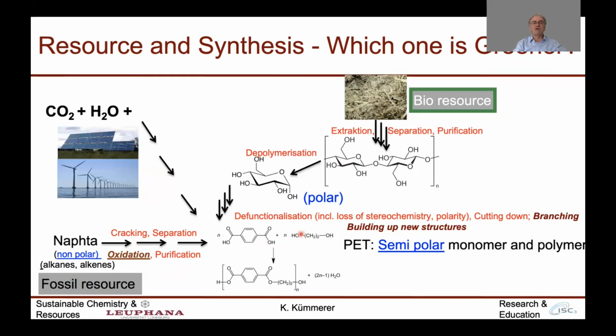And also for this monomer, we need some defunctionalization. We need here especially to build up new structures. Arenes are also part of naphtha. So here oxidation of 1,4-dimethylbenzene could be an approach. And then we have the monomers, and we can go for the polymerization.